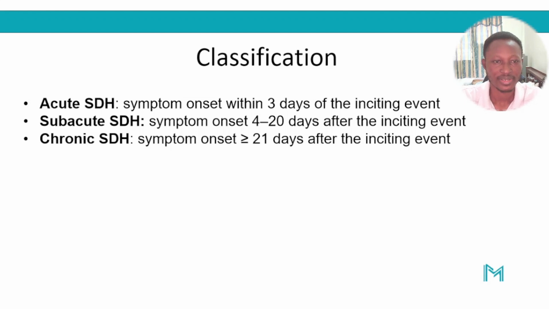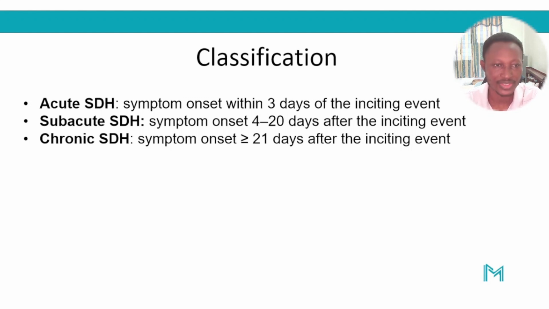So how do we classify subdural hematoma? Subdural hematoma is classified based on the length of time between the onset of the symptoms and the inciting event. So whatever event incited the bleed, the time from which that event occurred to the time when symptoms begin to occur, that's what we use in classifying the subdural hematoma.